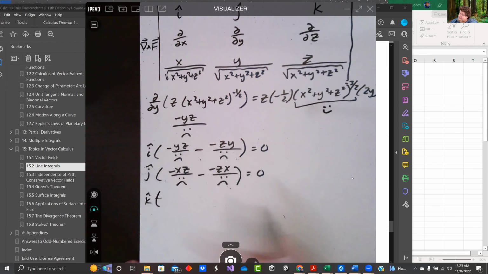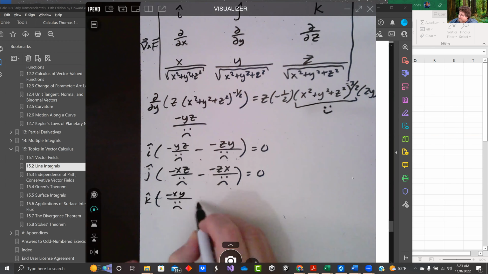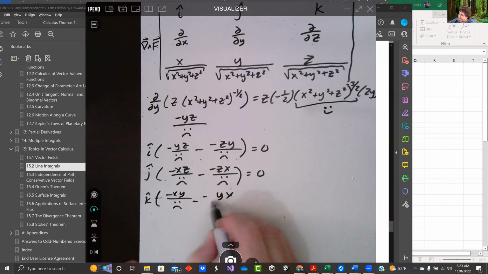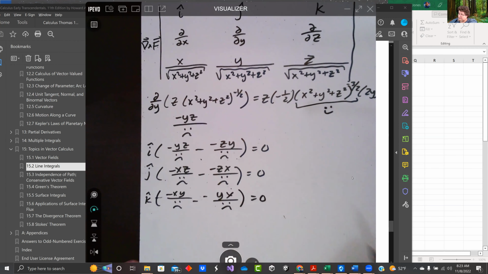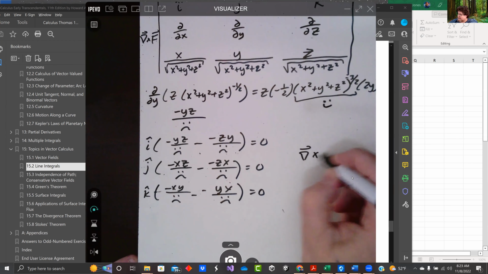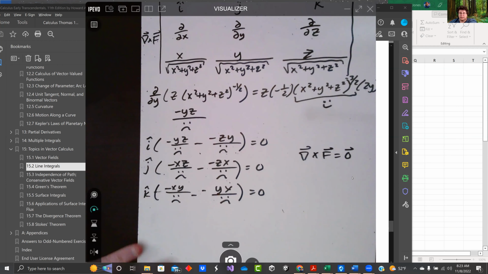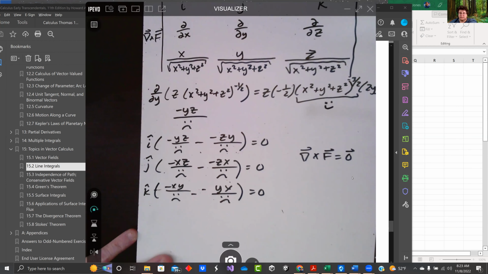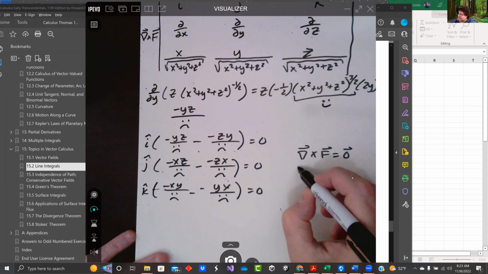And we do it here. I got x's and y's. Same process. -xy over frowny face minus yx over frowny face. And again, 0. So the curl of f on this is the zero vector, which means this is irrotational.